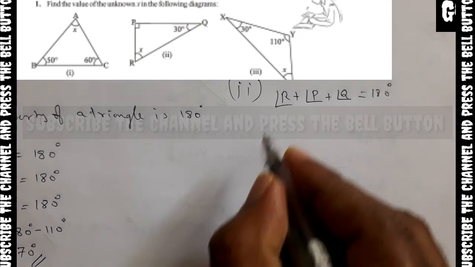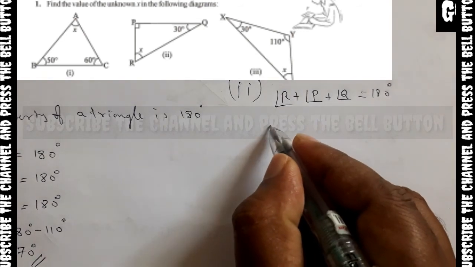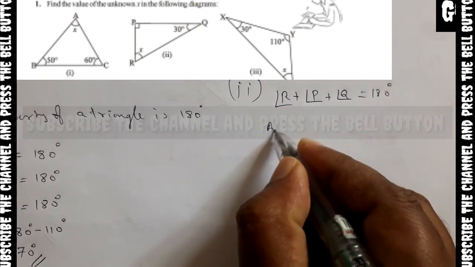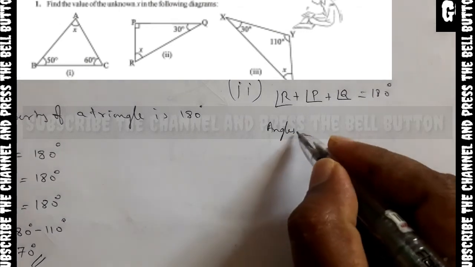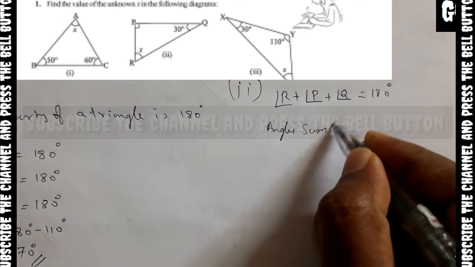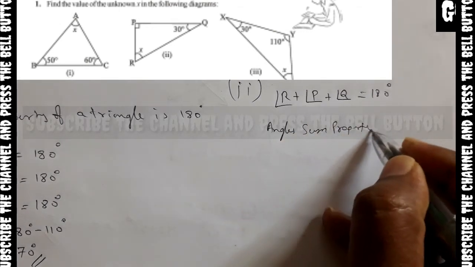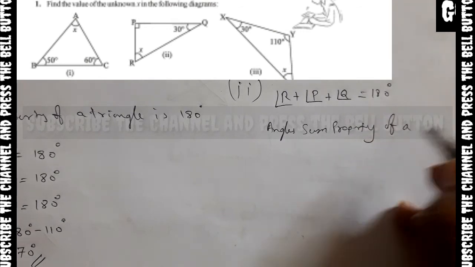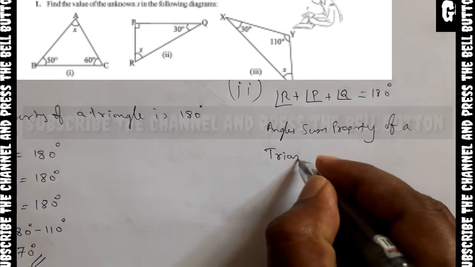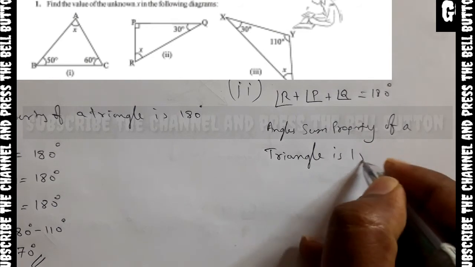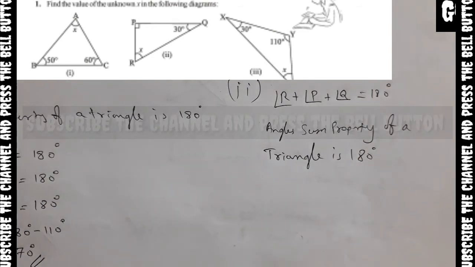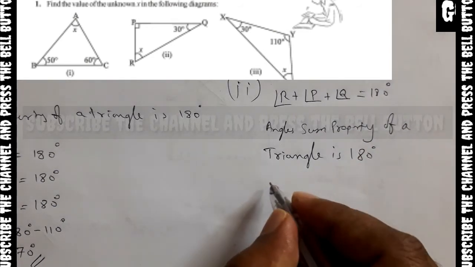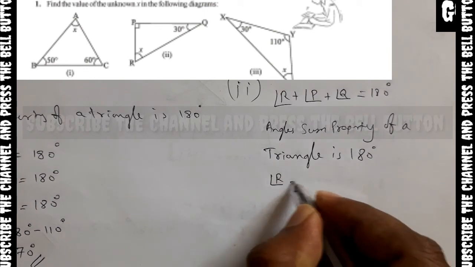We know that the angle sum property of a triangle is 180 degrees.